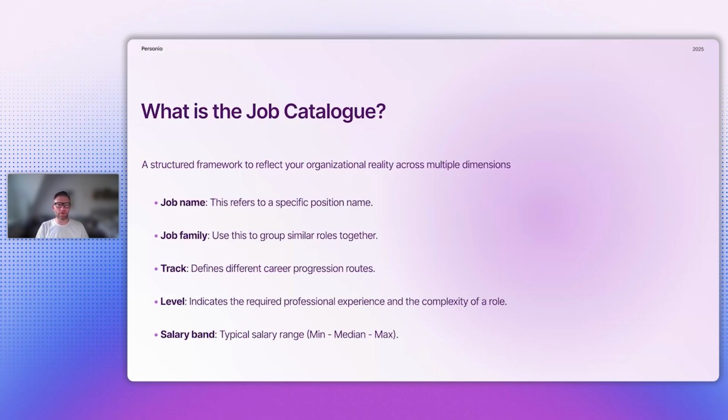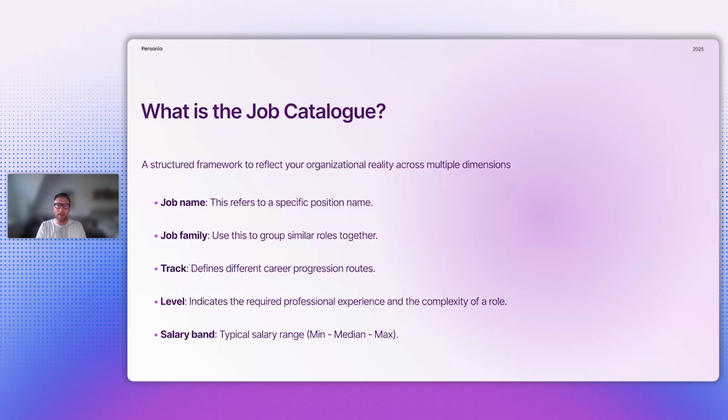So the job catalog allows you to build your organizational structure across multiple dimensions, the first being the job name, so a specific position name like HR manager or marketing specialist or financial controlling or whatsoever.